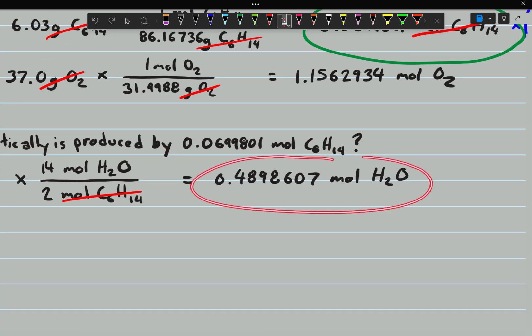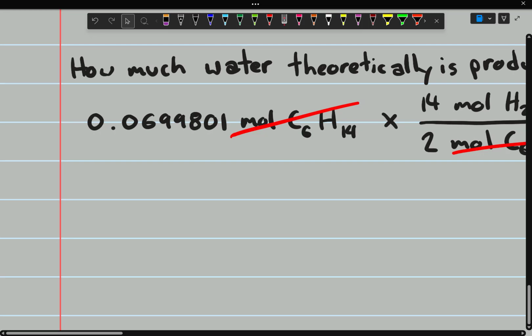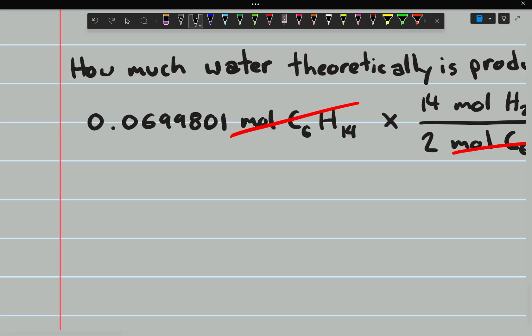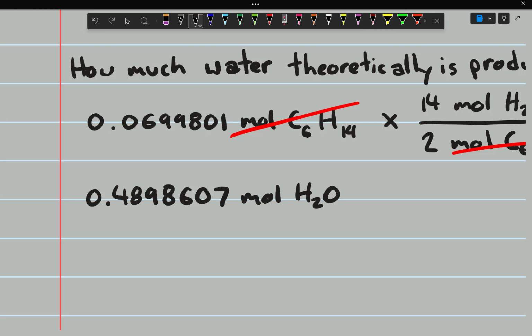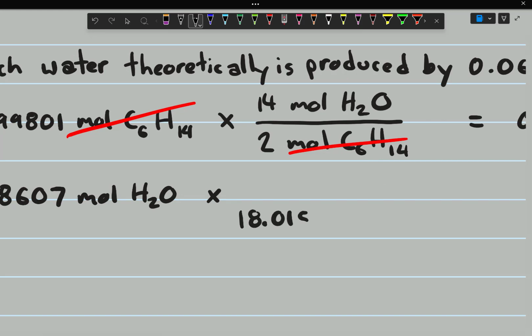So now all we need to do to find our theoretical yield is convert moles of water to grams of water. We know that the molar mass of water is 18.01 blah blah blah. So let's write that out as 0.489607 moles of H2O multiplied by 18.01508 grams.